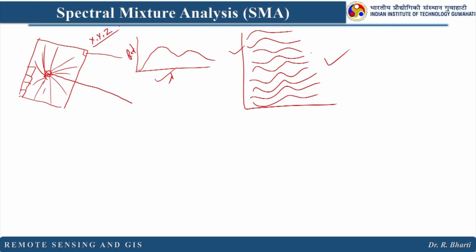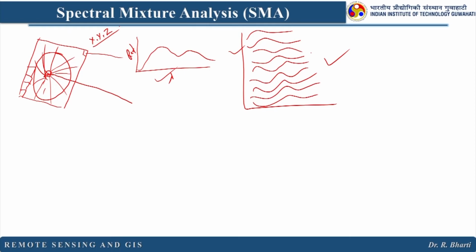So pure spectra is something like your training pixel. That will be used as reference in your spectral classifier. Why is it a spectral classifier? Because you are using the spectral information and spectral matching, and then you classify this whole image.